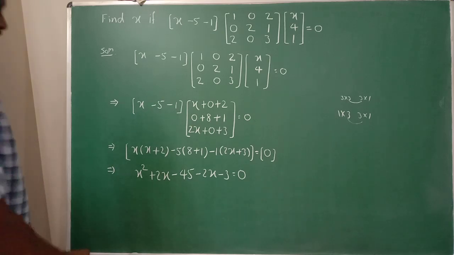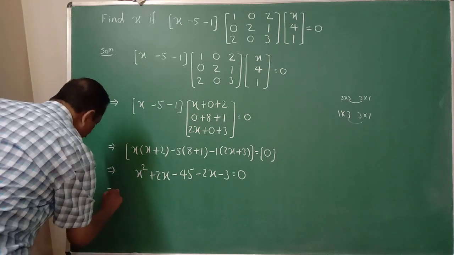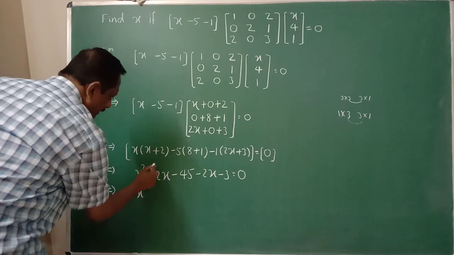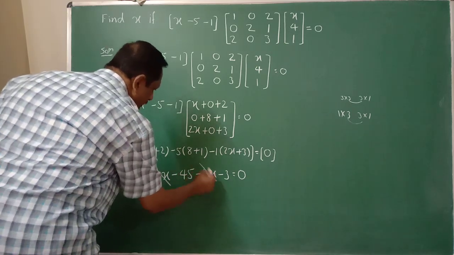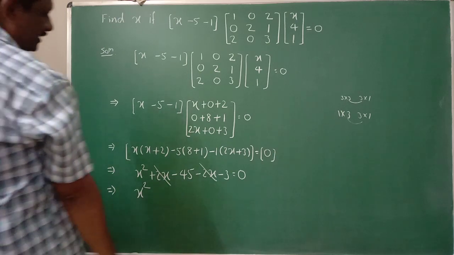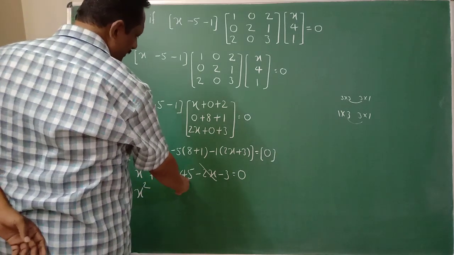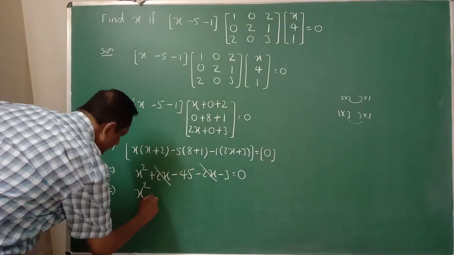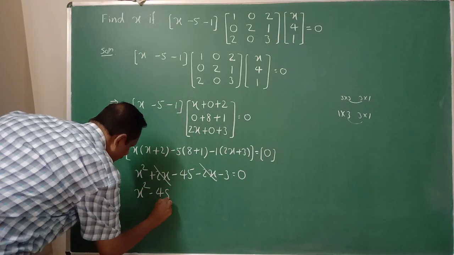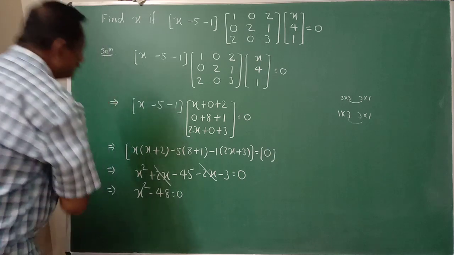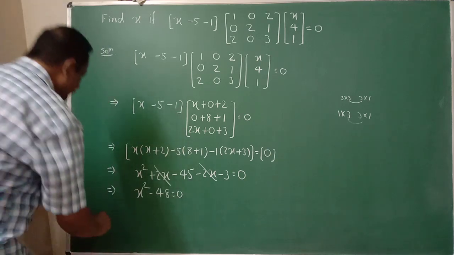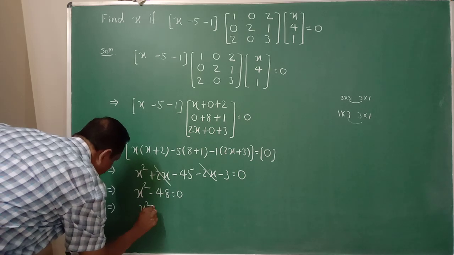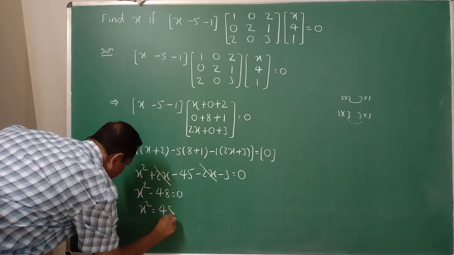Therefore x square, then plus 2x minus 2x cancels, minus 45 minus 3 is minus 48, equal to 0. Therefore x square is equal to 48.